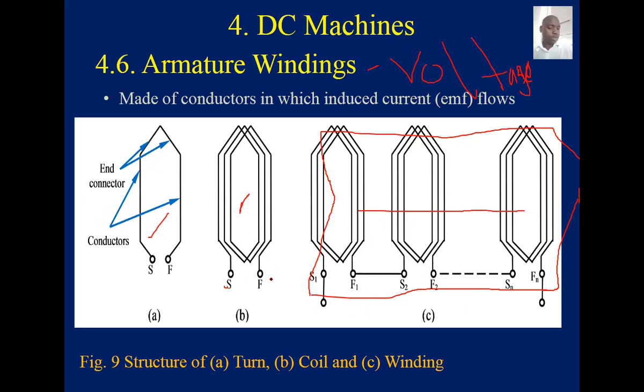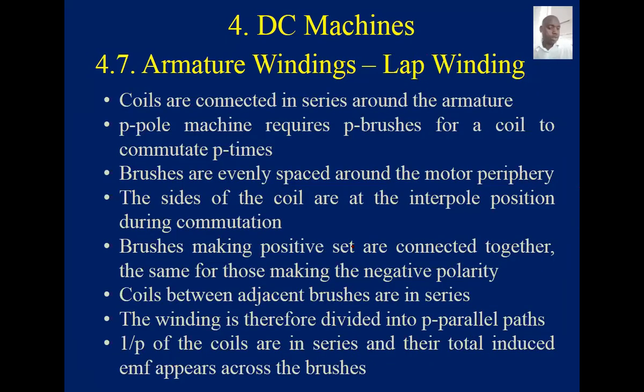A coil is made up of many turns, and a winding is made up of many coils, right? So there are different ways of winding the armature. There's what is called lap windings. In lap windings, the coils are connected in series around the armature, right? That means all coils are connected in series around the armature.